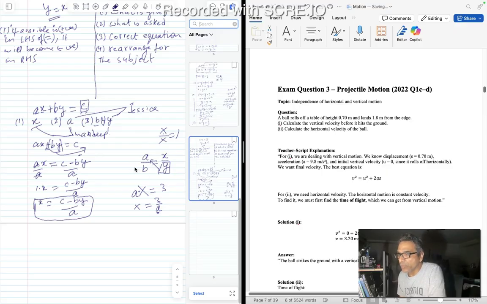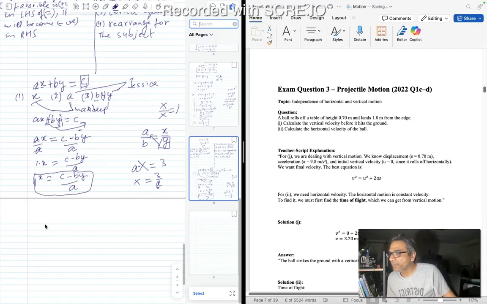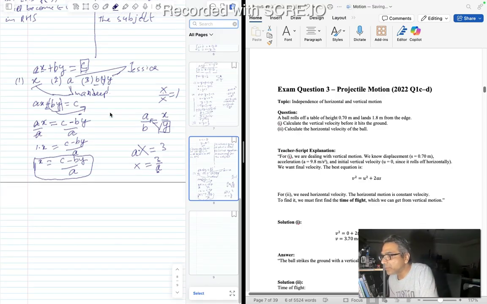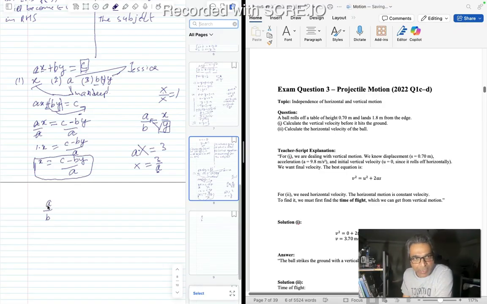Okay, so let's do it over here. For example, if we have a over b, an expression divided by some other expression, equating to x over y, or x divided by y, we can interchange these variables.